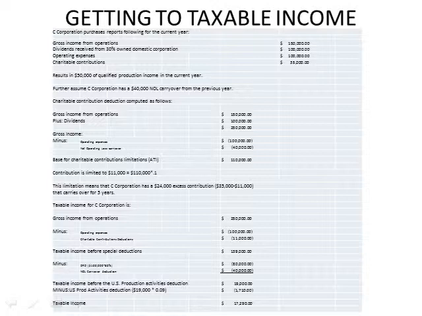So then we get into calculating the taxable income for C Corporation, and we calculate that by first taking our gross income of $250,000, reducing it by our operating expenses of $100,000, and then reducing it by the amount of our charitable contributions that we're able to claim this year of $11,000.